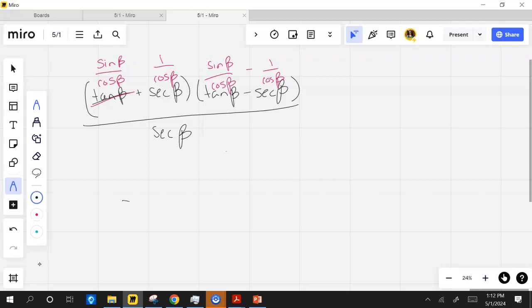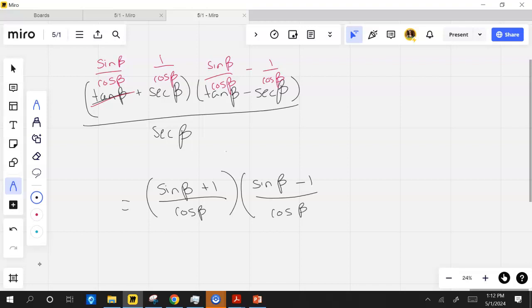So I can combine the top: sine beta plus 1 over cosine beta times sine beta minus 1 over cosine beta.